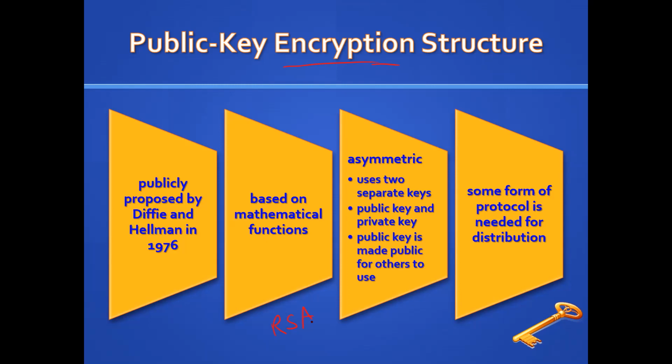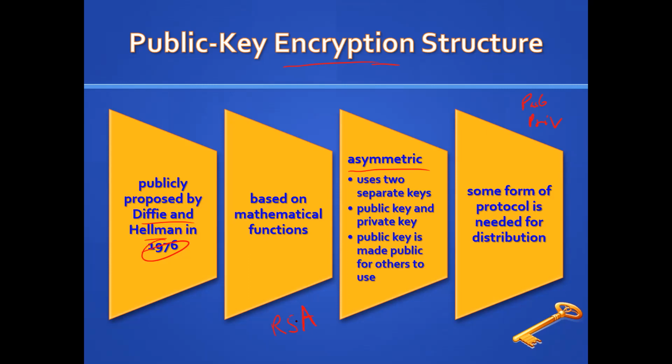So public key cryptography, right? So the idea of having a public and a private key. This idea was publicly proposed by Diffie-Hellman in the 70s, 1976, based on mathematical functions. The idea of asymmetric encryption, as you might imagine, a lot of people were already doing research about it, and they had probably shown in their research that this could work for the problem that we have, that chicken and egg problem, right?